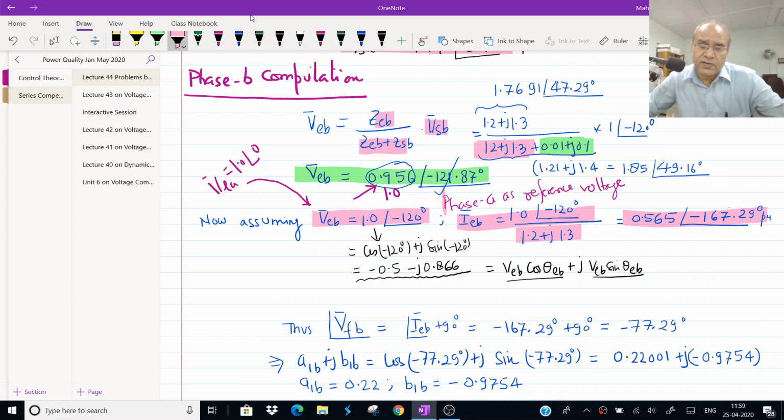If you express this VLB phasor in real and imaginary parts, then VLB is equal to cosine of minus 120 plus j sine of minus 120, which means it is minus 0.5 in this portion and minus j0.866.